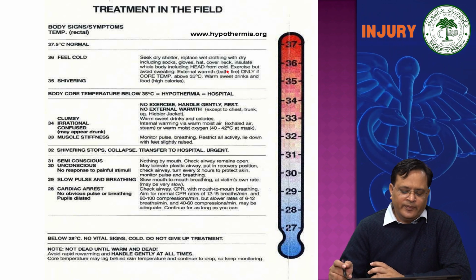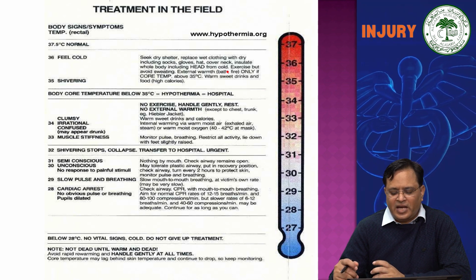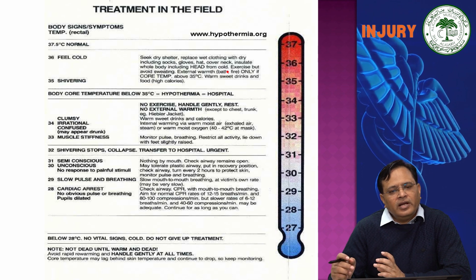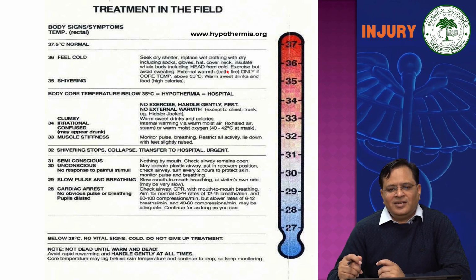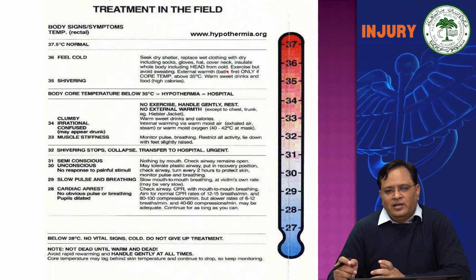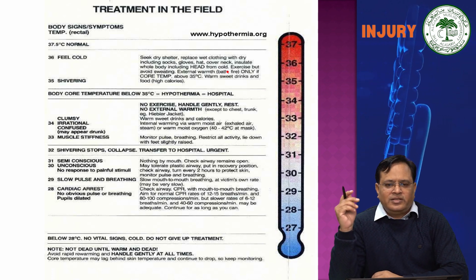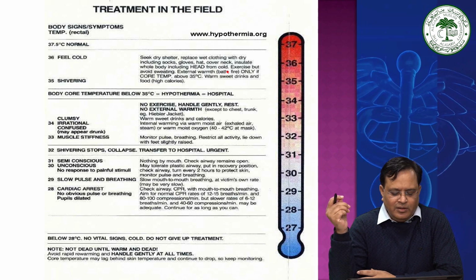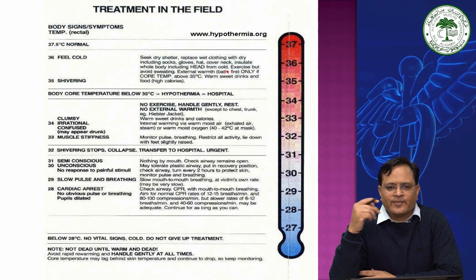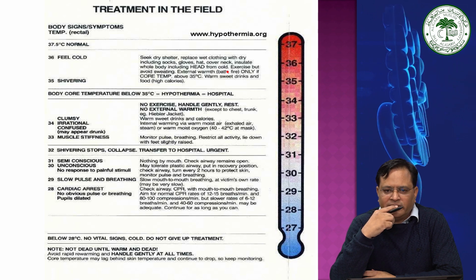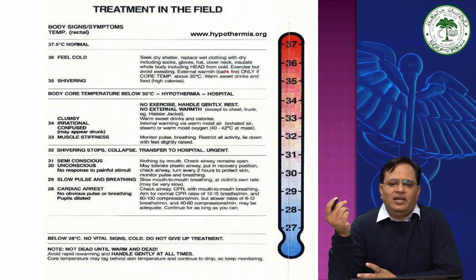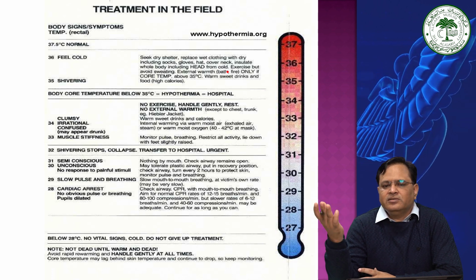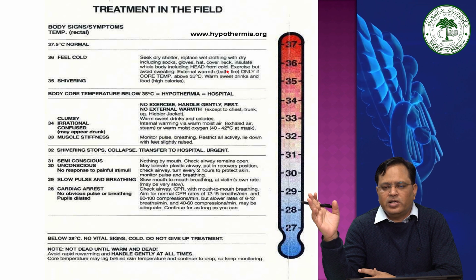Give warm sweet drinks and calories, and internal warming via warm moist air, exhaled air, steam, and warm moist oxygen. Muscle stiffness can be treated by monitoring the pulse and breathing, restricting all activities, lying down with the feet slightly raised.